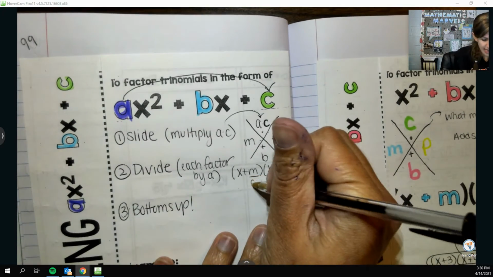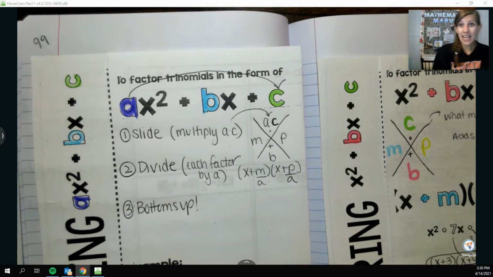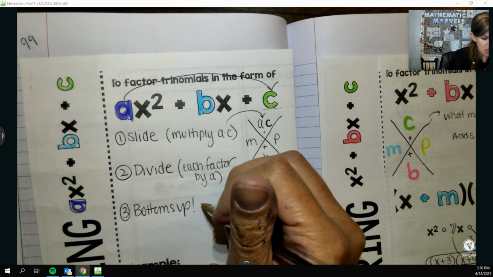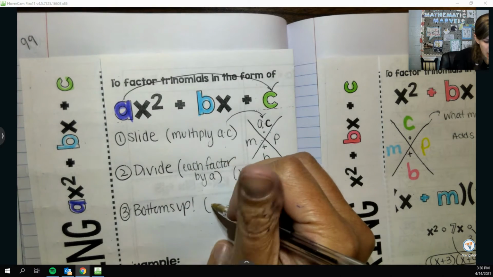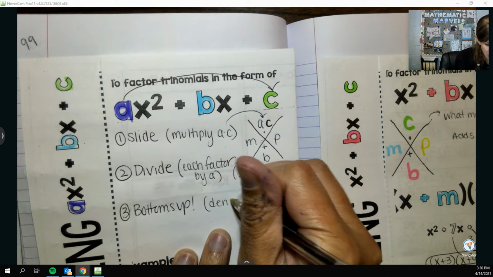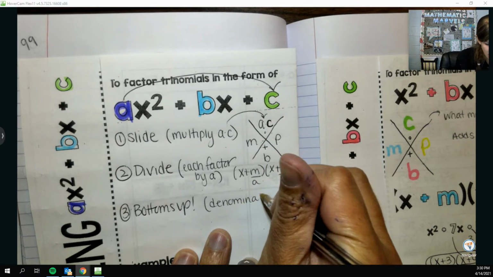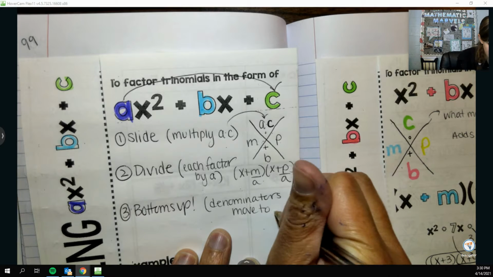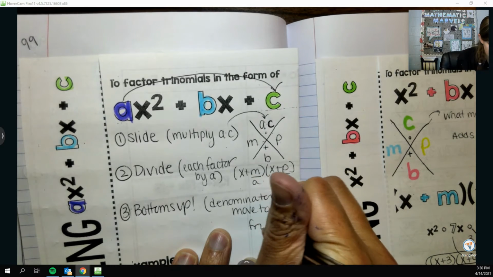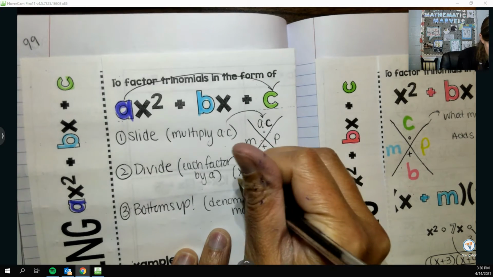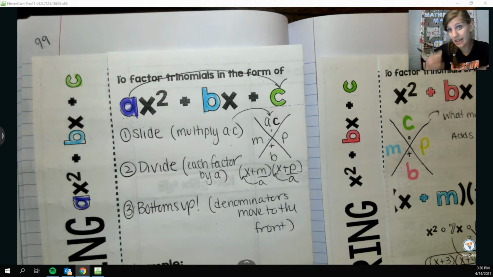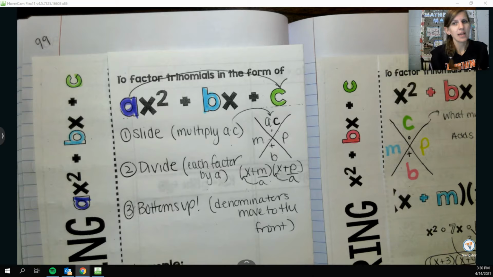And if it divides evenly, that's great. But if not, we can't leave fractions. So when I say bottoms up, I mean the denominators move to the front. If they divide out or reduce, you should do that.